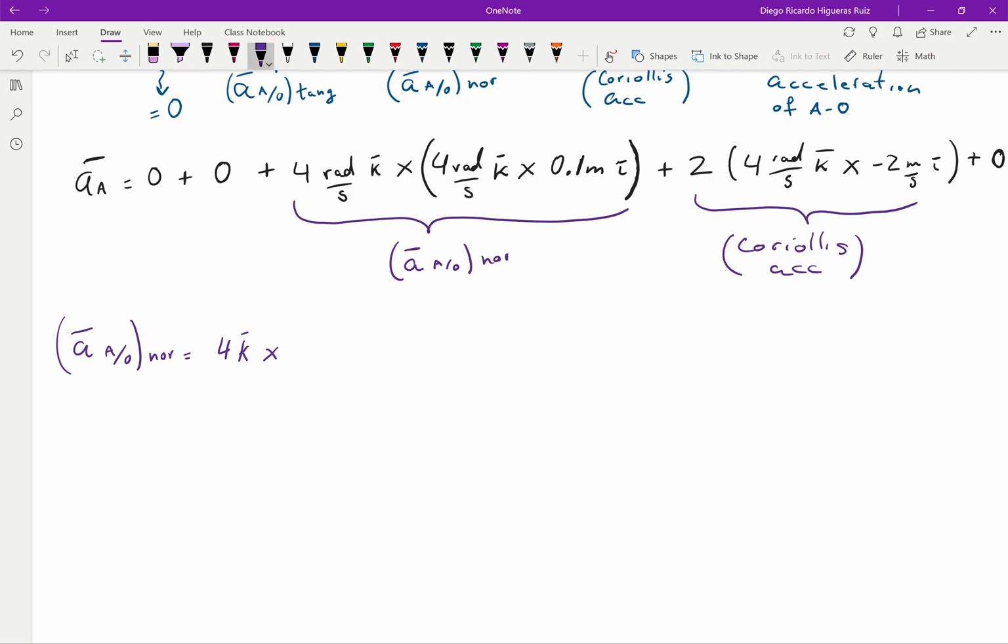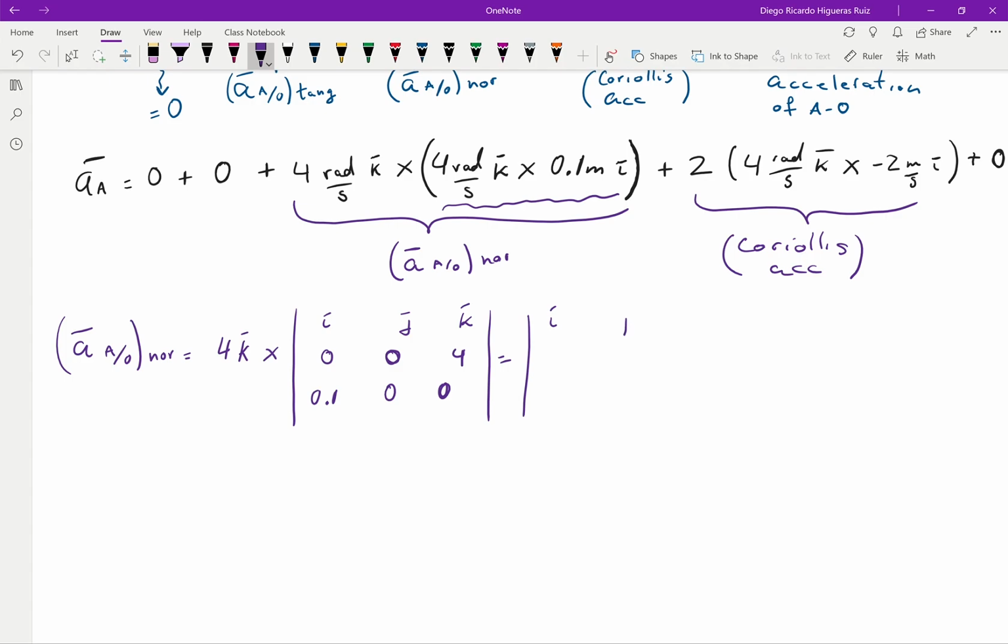cross product. Now I do my cross product right here, and that's gonna be 0, 0, 4 in the k, and then we're gonna have 0.1 in the i and 0 and 0. This cross product right there. So we go ahead, we solve for this.